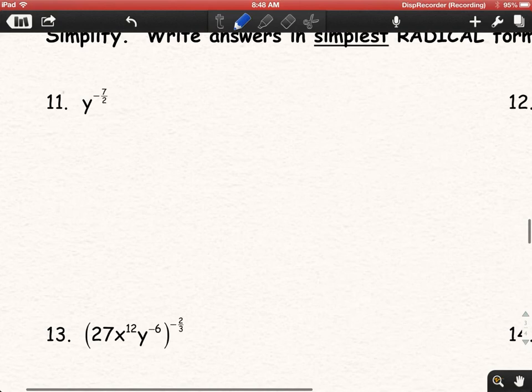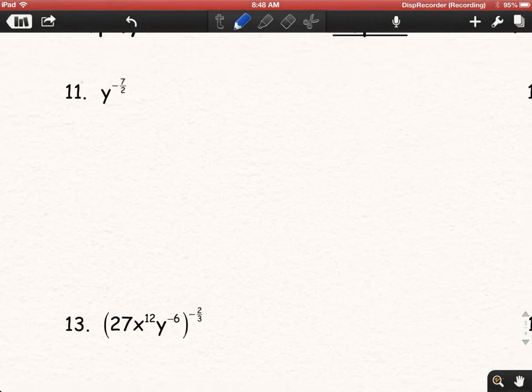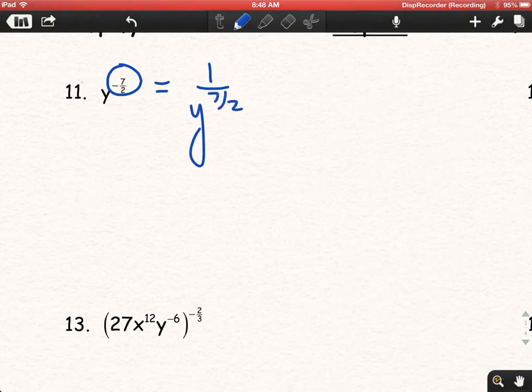Okay, 11. 11 tested a couple of skills. You need to worry about this negative exponent. So the first thing you have to do is bring that to the bottom, and then rewrite that as a radical. This is the square root of y to the 7th. But the square root of y to the 7th either needs to be rationalized and or simplified. And so why don't we simplify it first before we rationalize it.